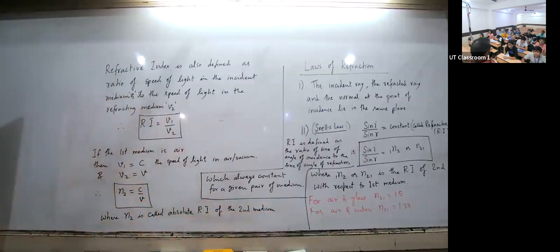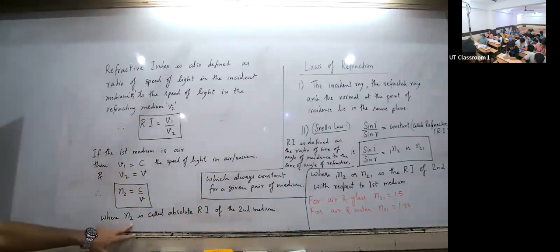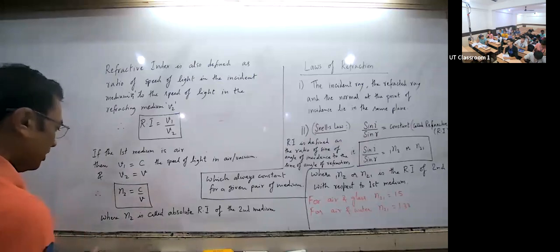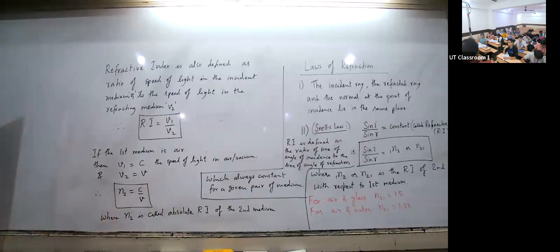So what is the meaning of absolute? It means the refractive index of the medium, like glass or water. When we just say refractive index of glass, it means with respect to air. Okay, so maybe we will not even mention 2 then, because we know which medium it is, or just refractive index n, right? So for now we will keep n2. Later on, when you become more familiar, then we'll drop 2 also. Is it clear?